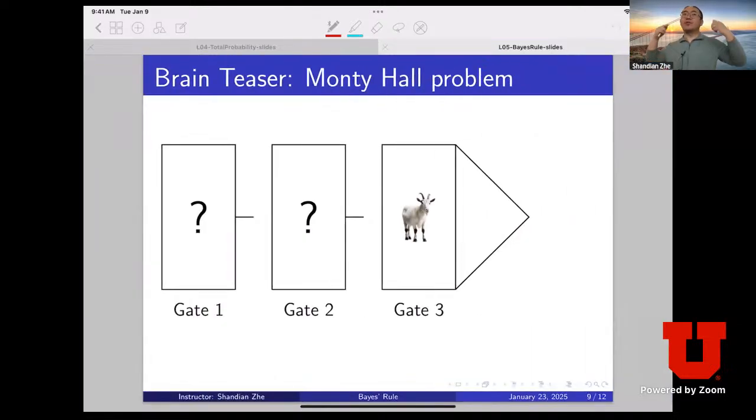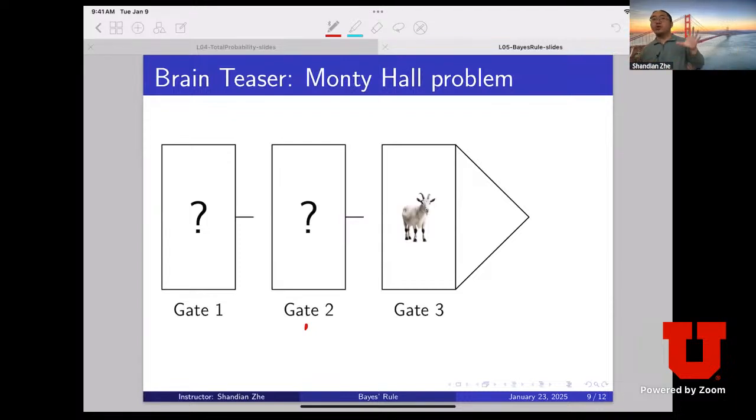That actually tests whether you can avoid being confused by this, right? But later we want to use a more rigorous way to show that when you see a goat coming out of gate 3, you do have a better chance to see the car after you switch.